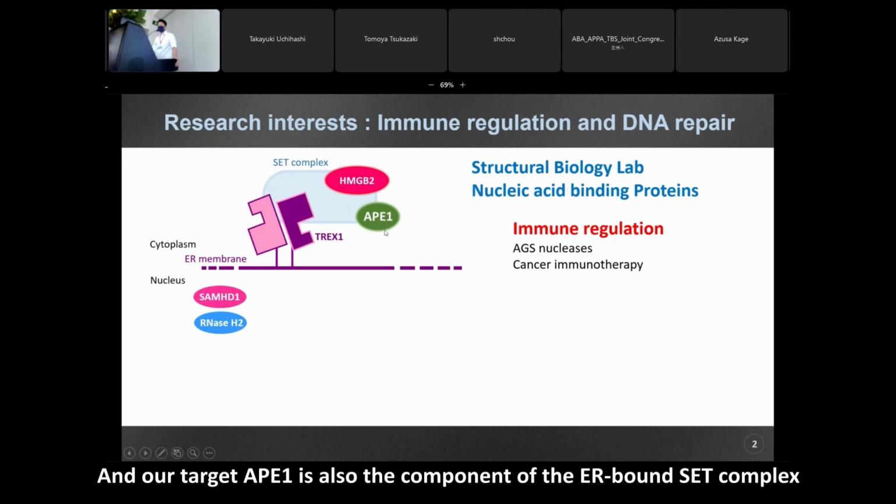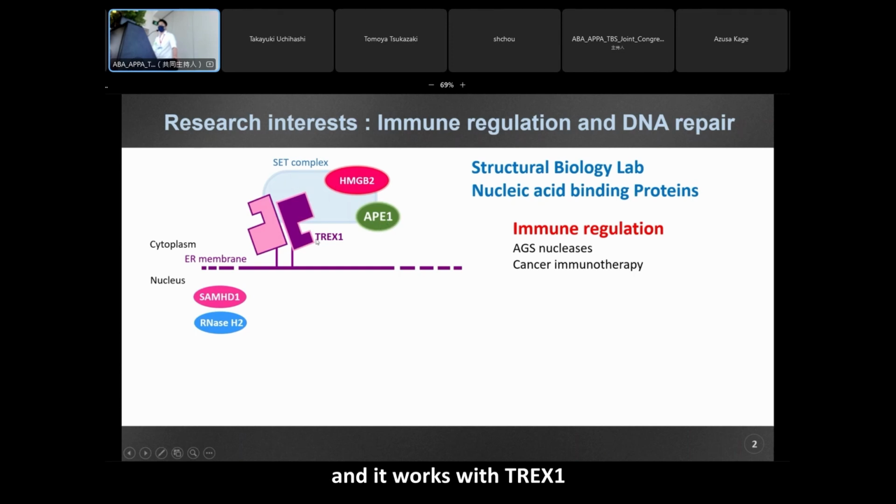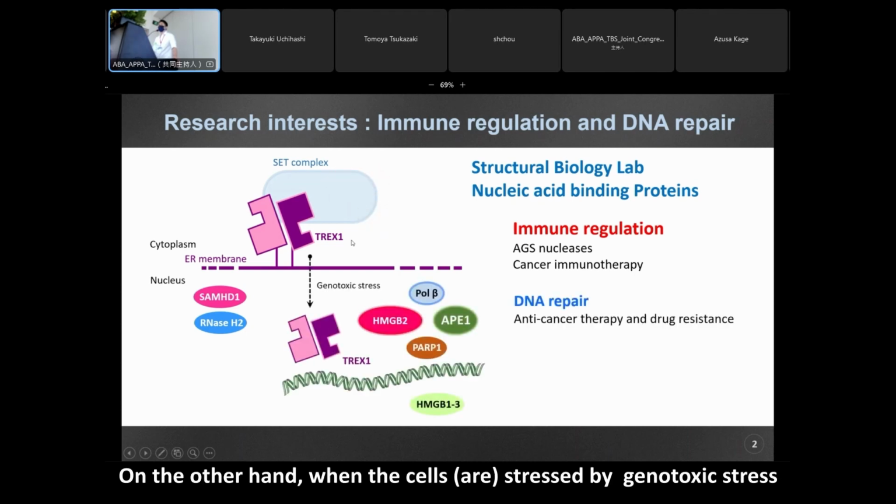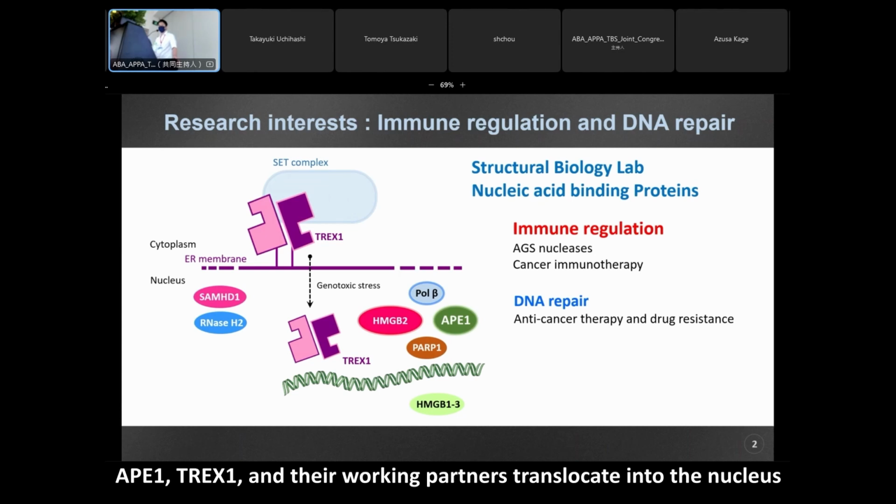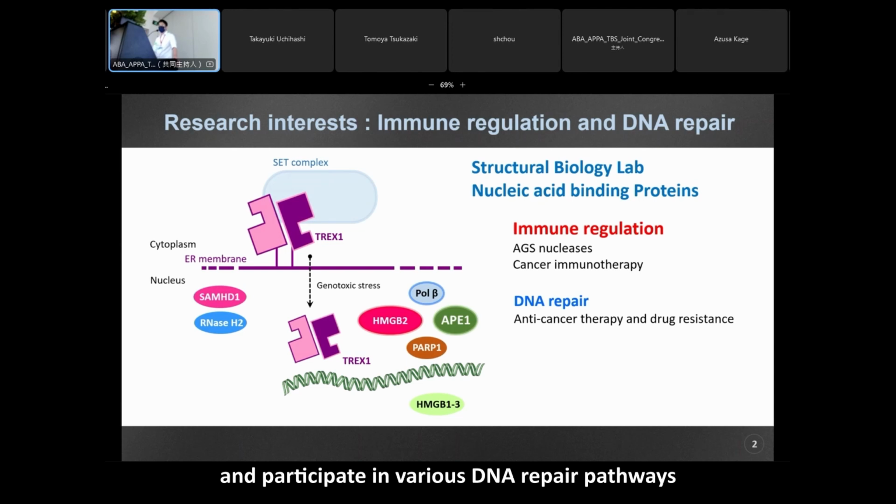And our target APE1 is also a component of the ER SET complex. It works with TREX1. On the other hand, when the cell is stressed by genotoxic stress, APE1 and TREX1 and their working partners translocate into the nucleus and participate in various DNA repair pathways.